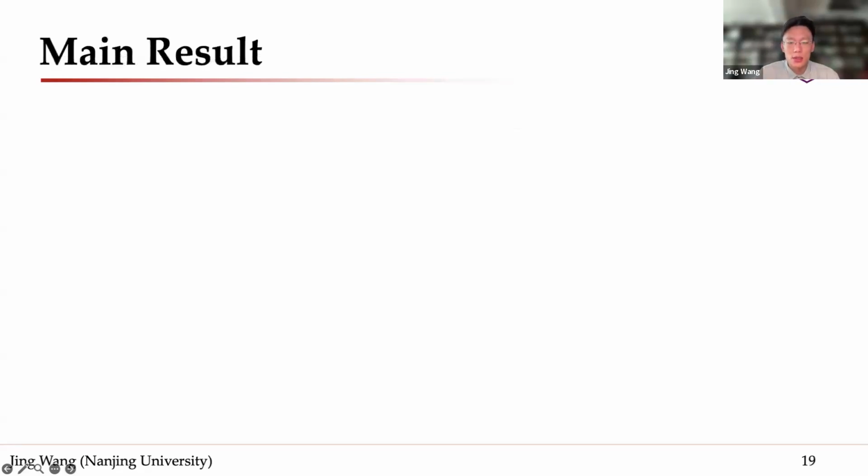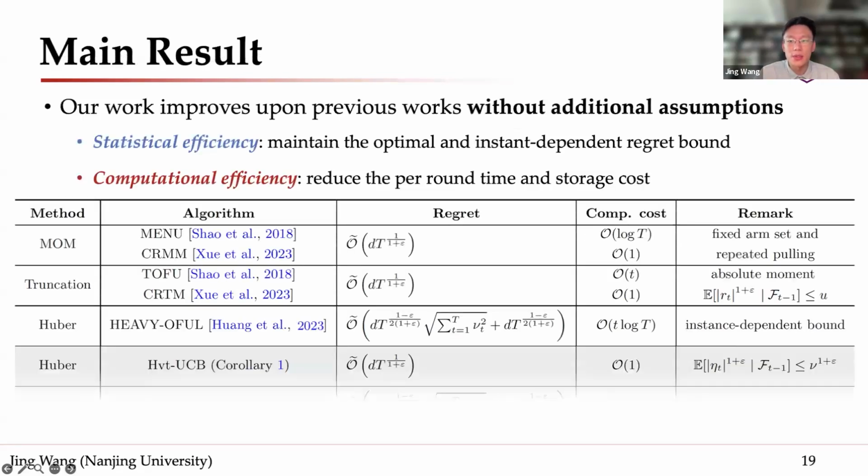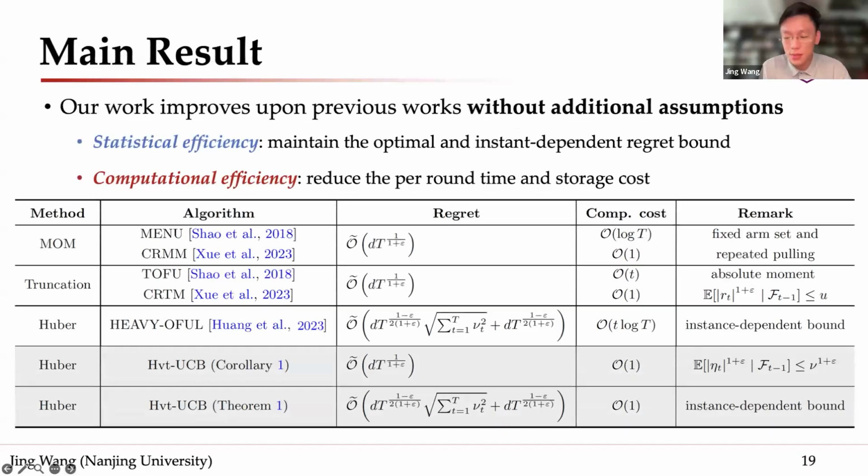And so we can summarize the main results and compare them to the previous results. As we mentioned, MoM and truncation have already achieved the optimal regret. They can also achieve it with one-pass update, but they require other assumptions: the MoM algorithm requires a fixed set and repeated pooling, and truncation requires the reward to be bounded, but not the noise.